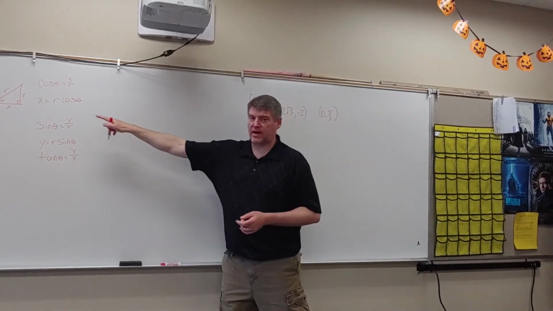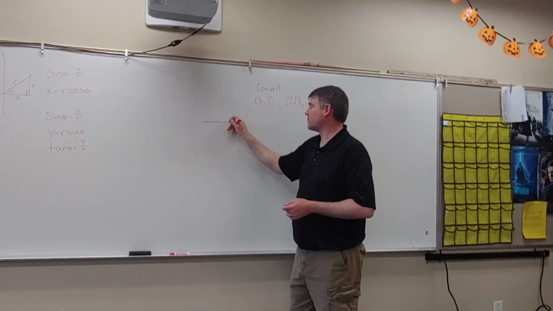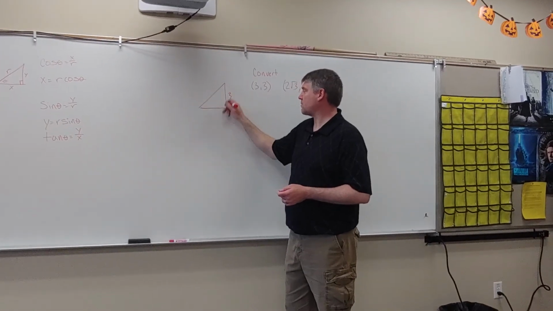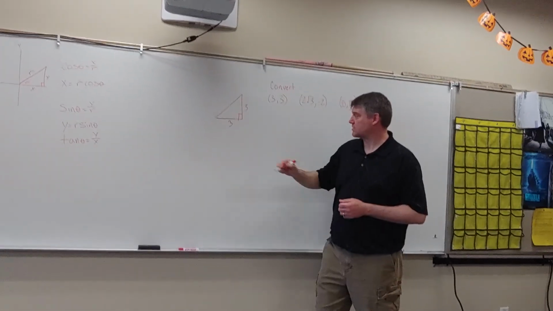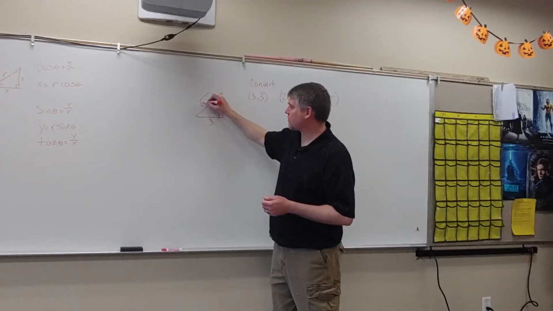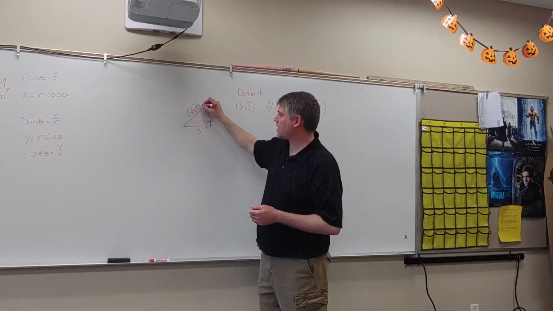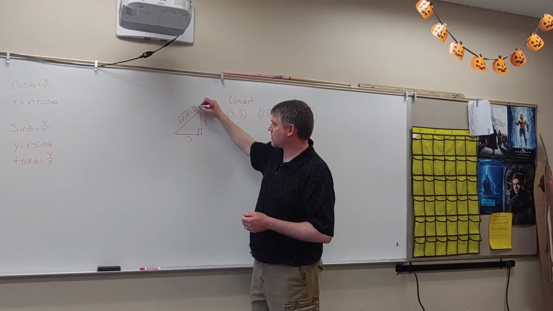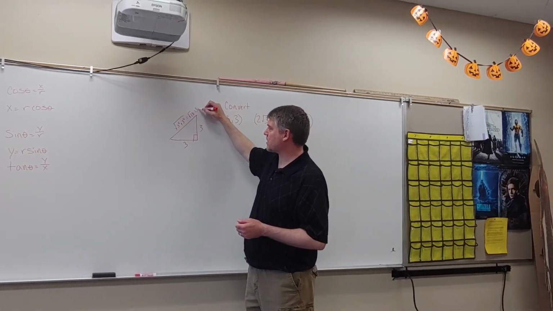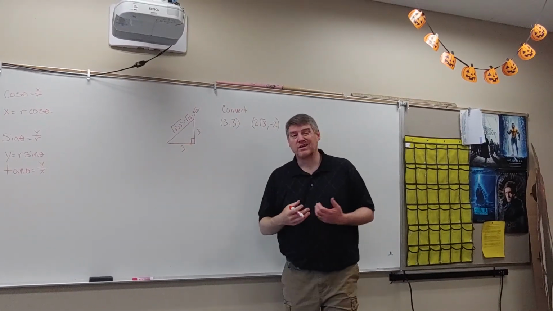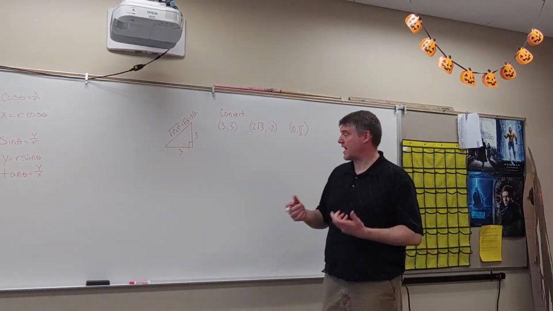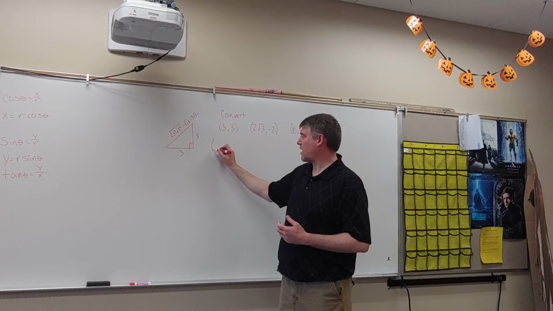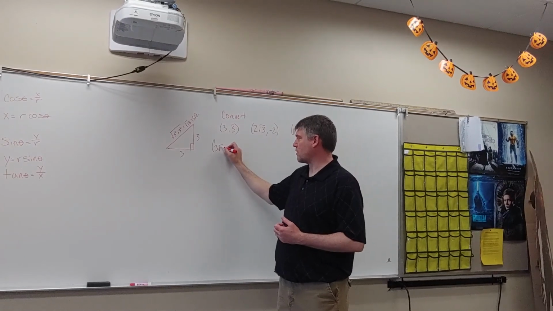If I come back to my triangle here, here's a 3, here's a 3. I can find my r by using Pythagorean theorem. So this becomes the square root of 3 squared plus 3 squared, which is the square root of 18, which is 3 root 2. Okay? So there's my first part of it. That's my r. So I know now that this is 3 square roots of 2.